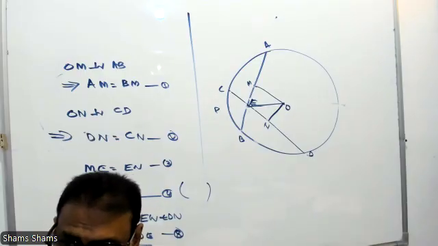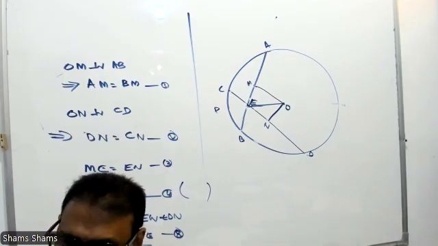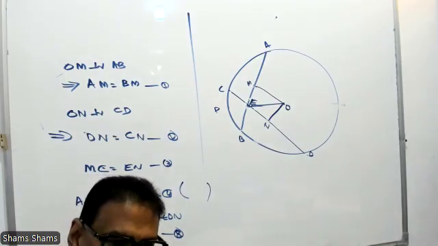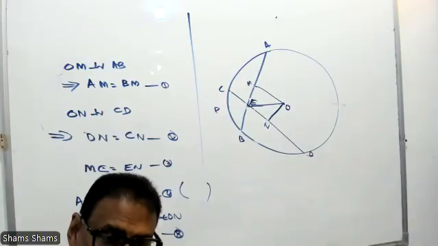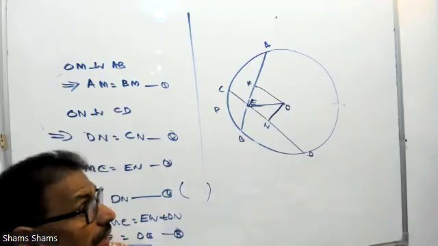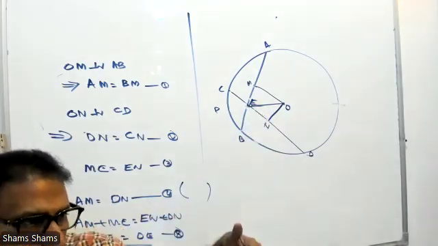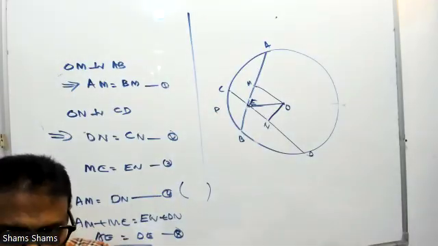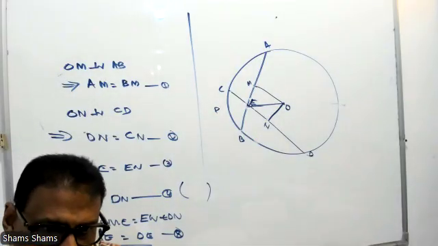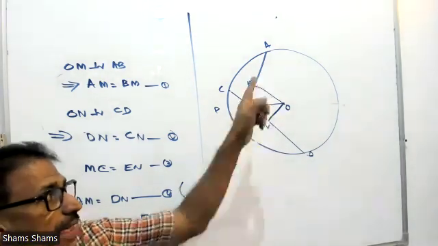Listen. This question is exactly like today's first question. Check the first question: equal angles are given, angle 1 equals angle 2, and we show that AB equals CD.